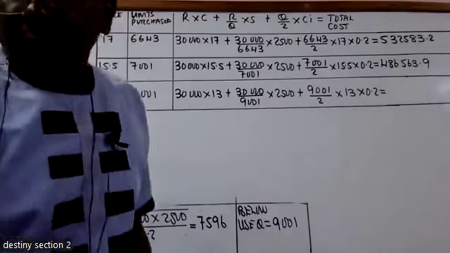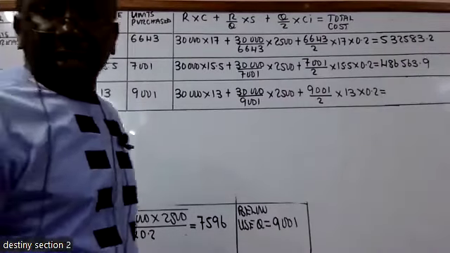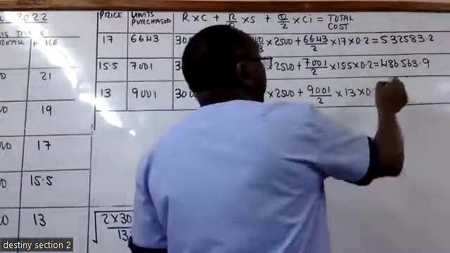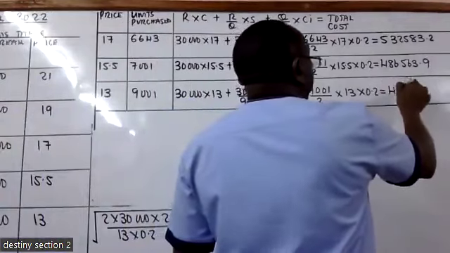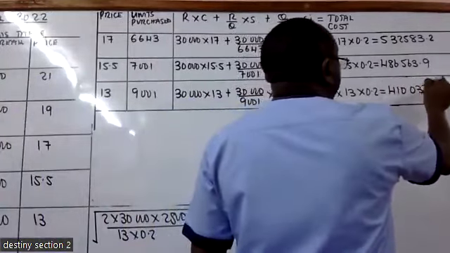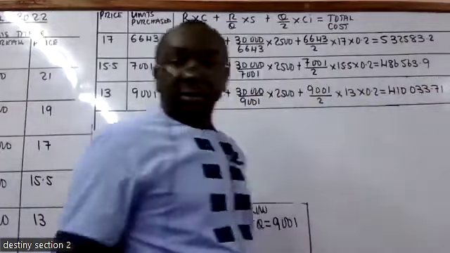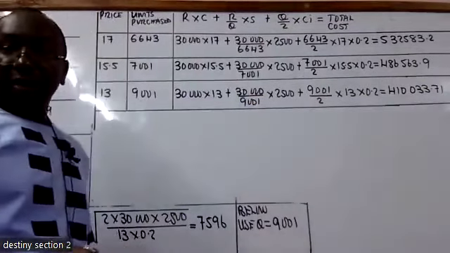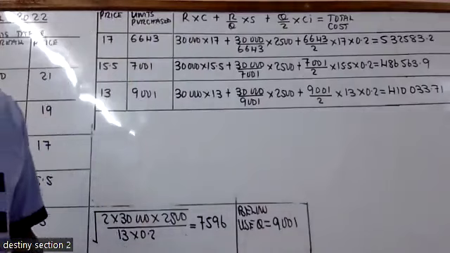That gives 410,033.71. Someone else to confirm.